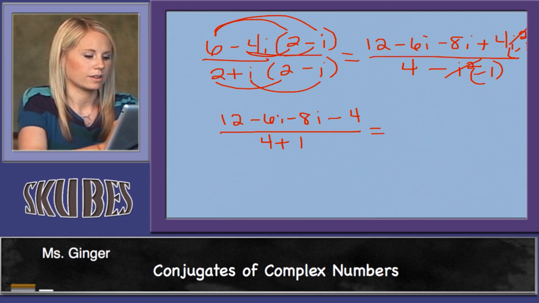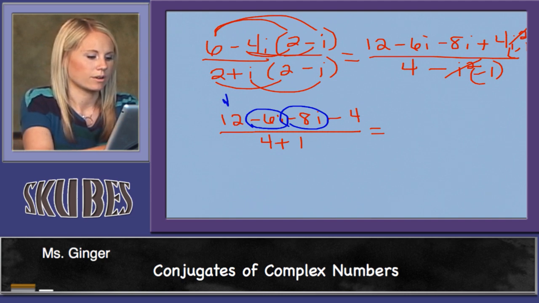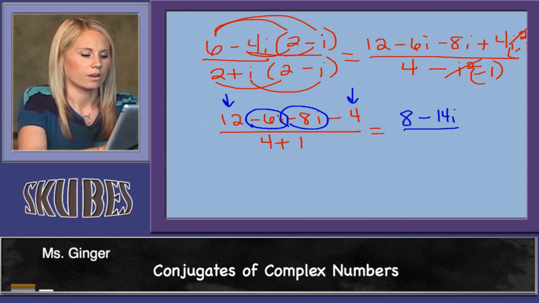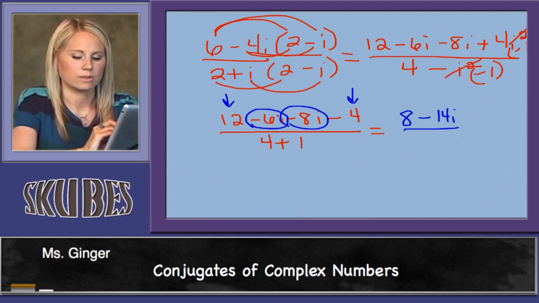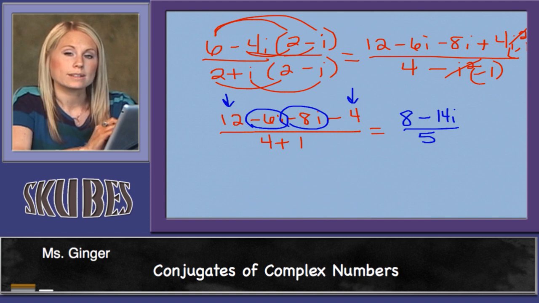So let's identify those. We've got these i's that can come together right there. And then we have our regular numbers that can come together. So we're going to have 8 minus 14i. On the bottom, those can both go together. So I've got 5.